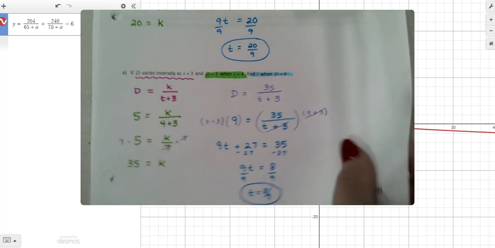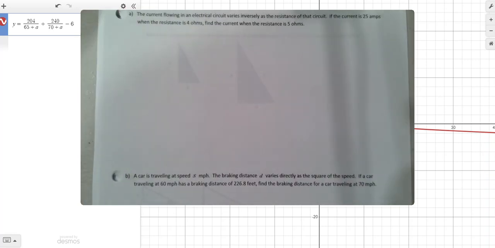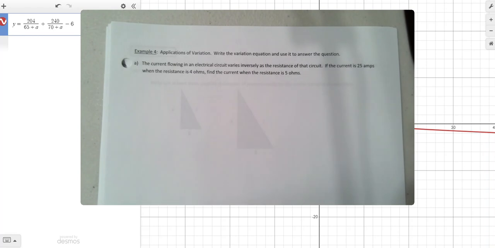All right, let's put this in context. I'm going to look at a couple of examples that are a little bit more tied into real-world situations. Current flowing in an electrical circuit varies inversely as the resistance of that circuit. If I don't go any further, that first sentence just told me my variation equation.